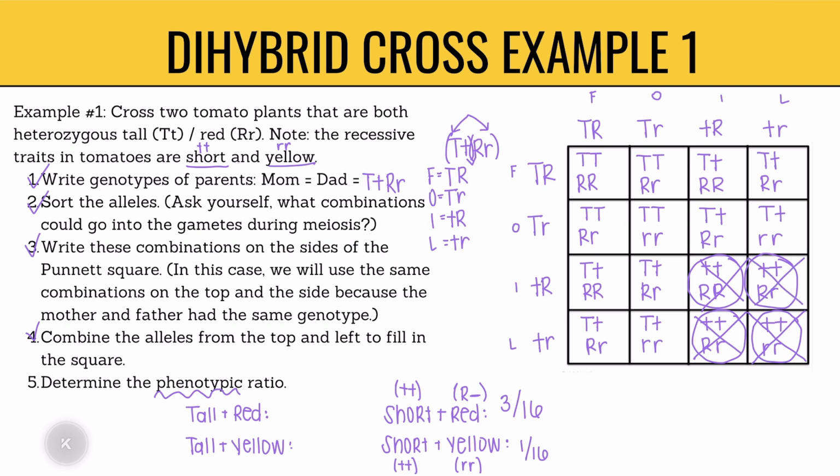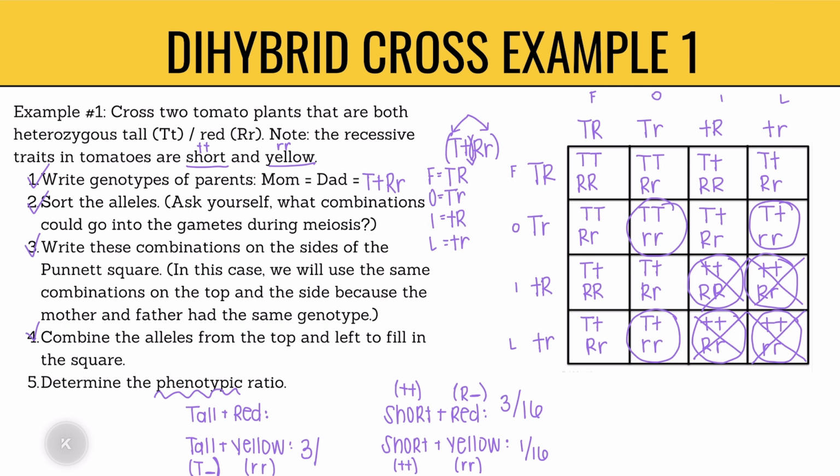Okay, moving on. I've got tall in red and tall in yellow. So yellow is a recessive trait. That's going to be easier for me to find, so I'm going to do that one. To be tall, that's a dominant trait. So I need a capital T and then 2 lowercase r's. So I'm going to find those. 1, 2, 3.